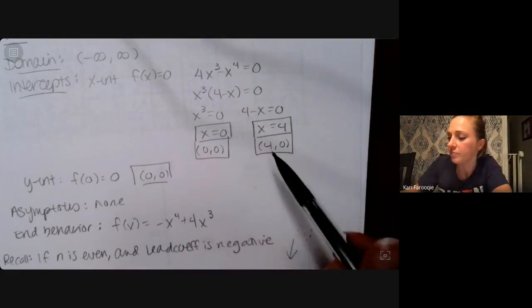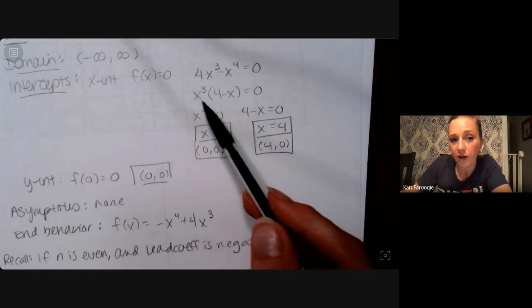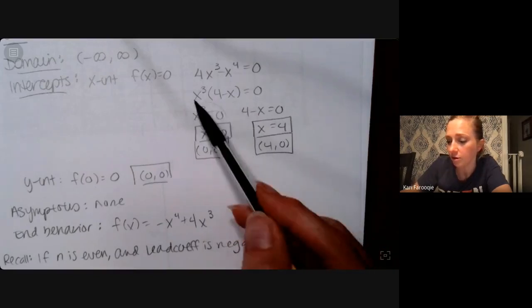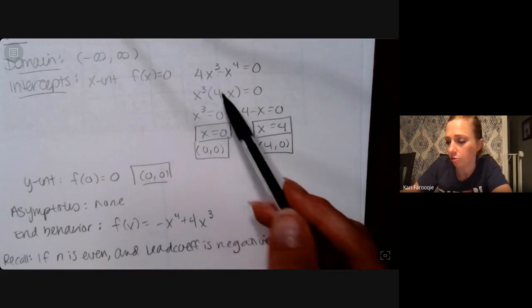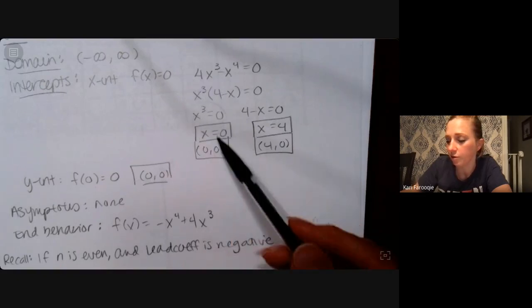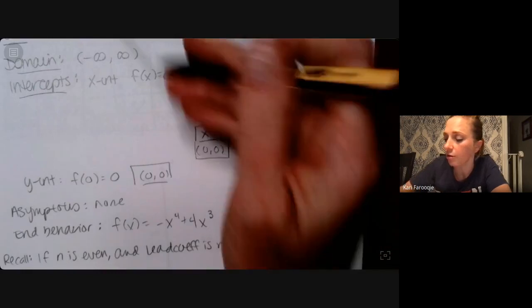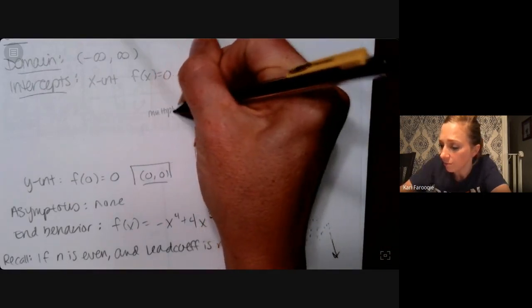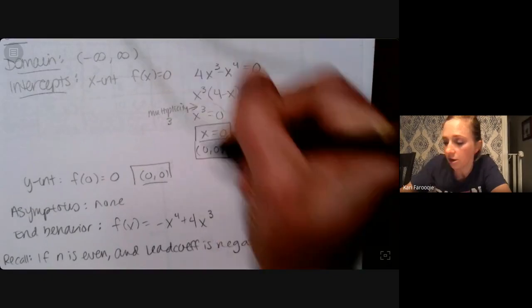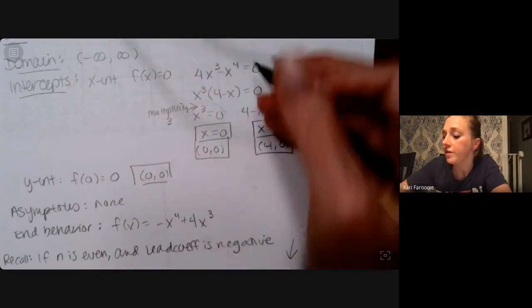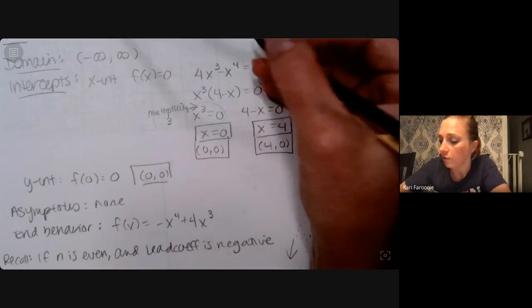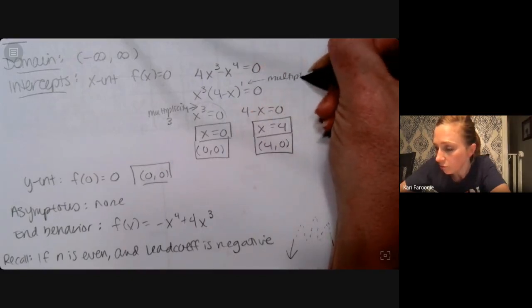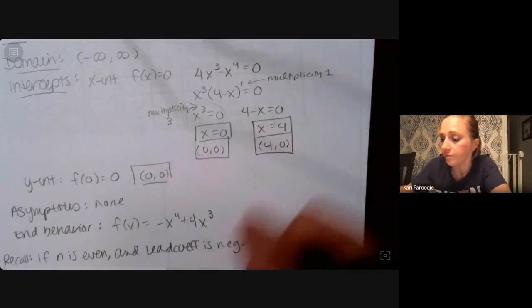So for instance, when you factor this, this particular factor of x cubed equals 0 gave you the intercept at 0. We would have said, though, that this was multiplicity 3. And then this factor was just to the first power. We technically didn't write the first power, but this factor is multiplicity 1.